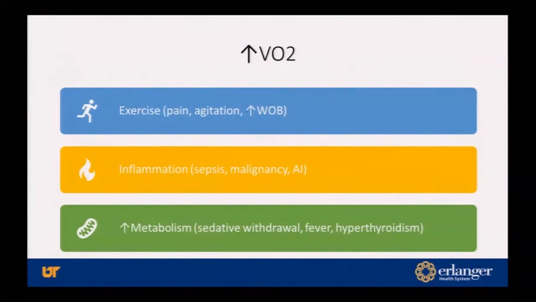Anything that induces inflammation in the body: infection, malignancy, connective tissue diseases. All of this will increase the consumption of oxygen and increase metabolism. Sedative withdrawal, alcohol withdrawal, benzo withdrawal, fever, hyperthyroidism. These are the 3 big things that will increase your tissue oxygen consumption.